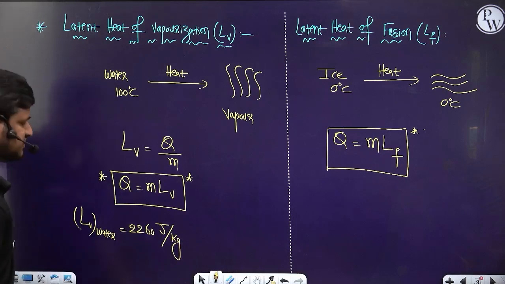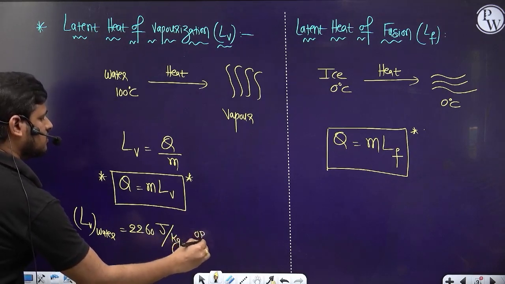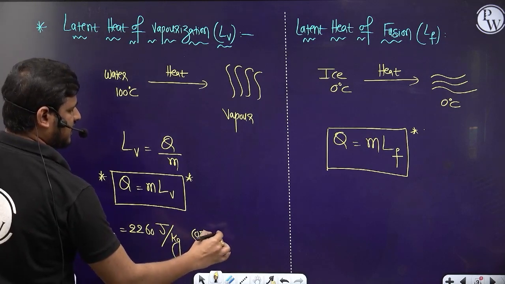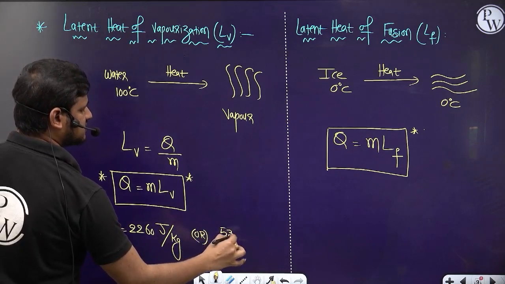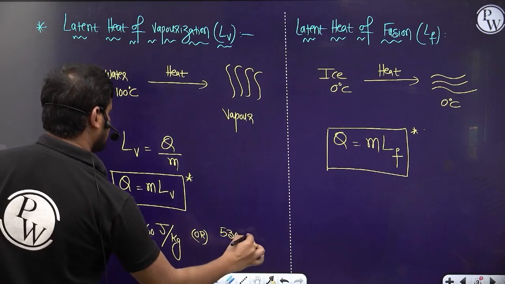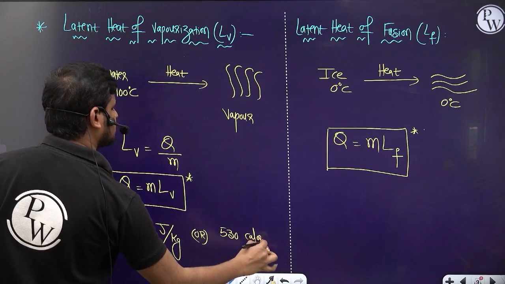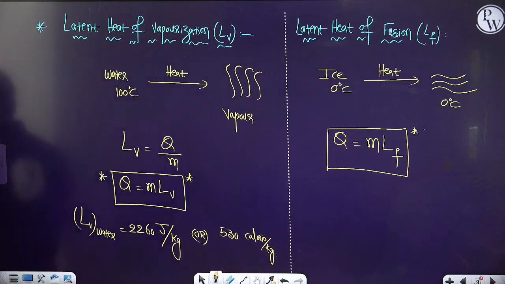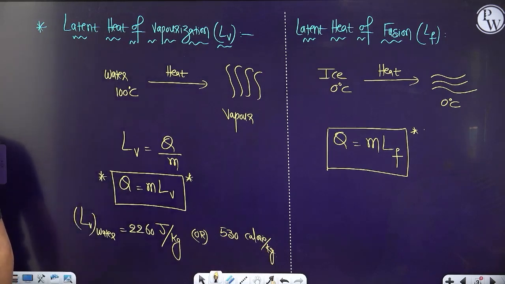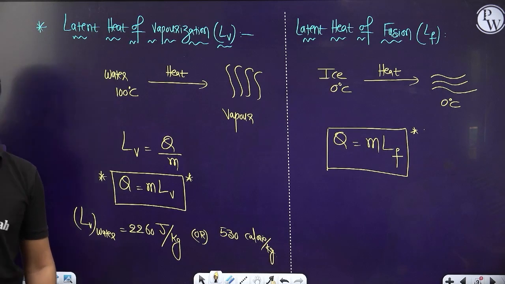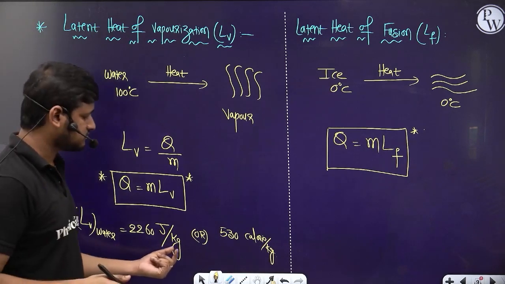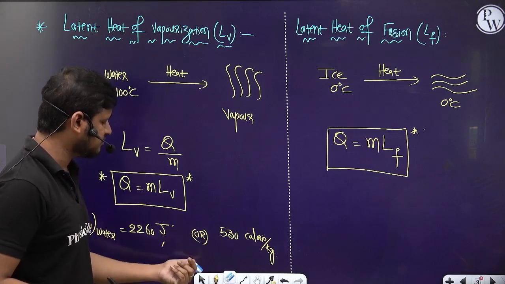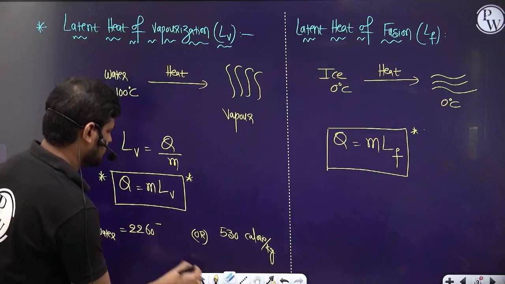Okay, and in calories, 530, I guess, so 530 calorie per gram. Clear? So note that point. Done? Everyone? Clear? Somewhere around 530 or 540 will be there, so you can take the approximate value. Sorry, per gram.